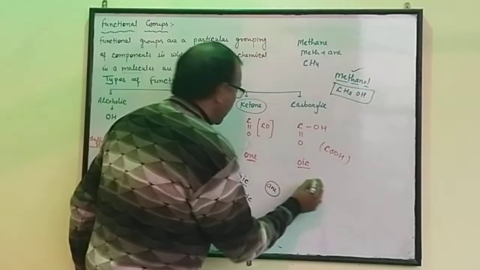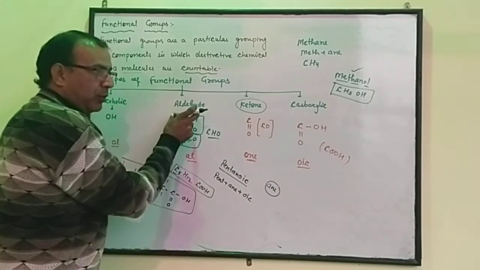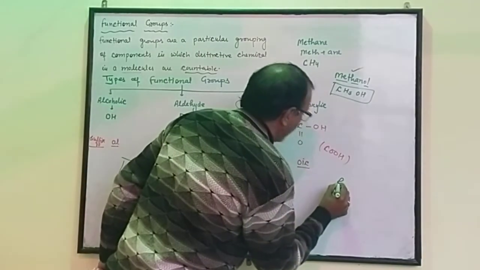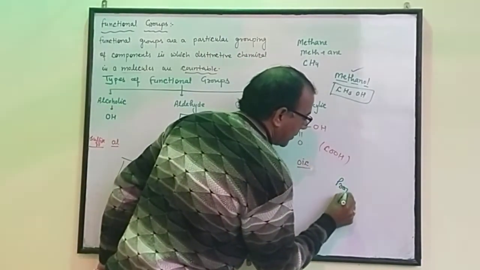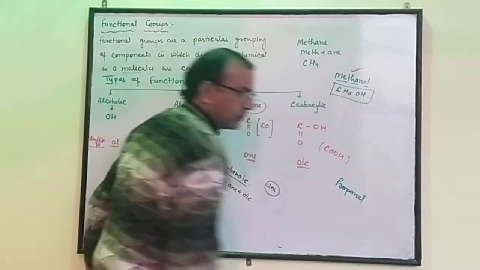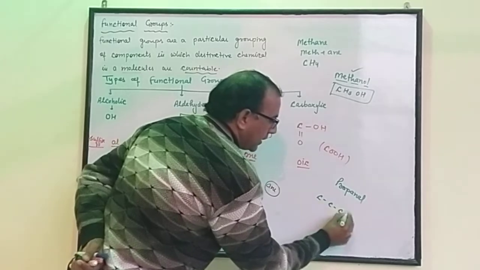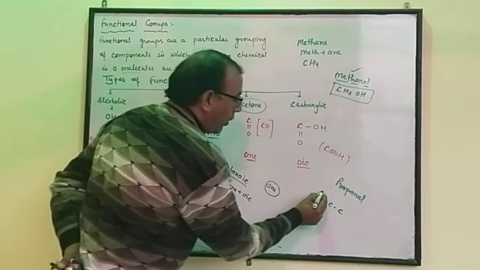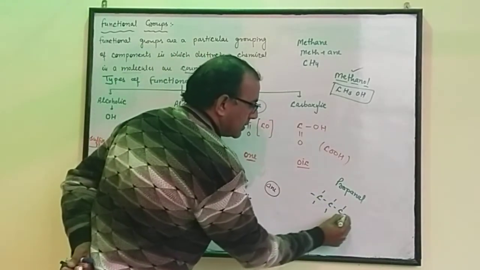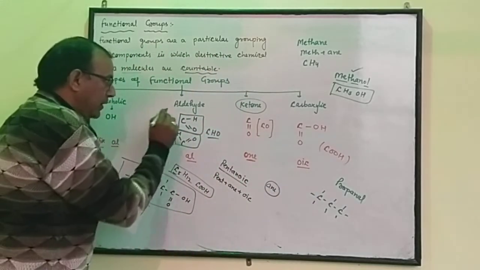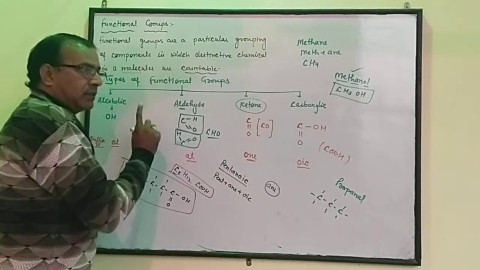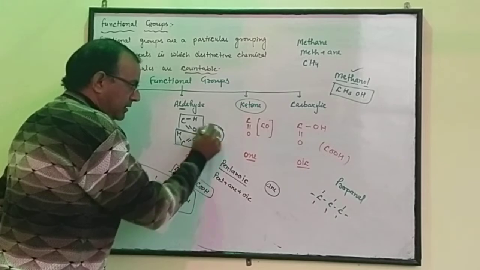Same as we can draw the formula of aldehyde group. Propanal, sorry, propanol. Prop C3, 1, 2 and 3. Ane, all are single bonded. Firstly, this one. And we know that in aldehyde, the last symbol is CHO.